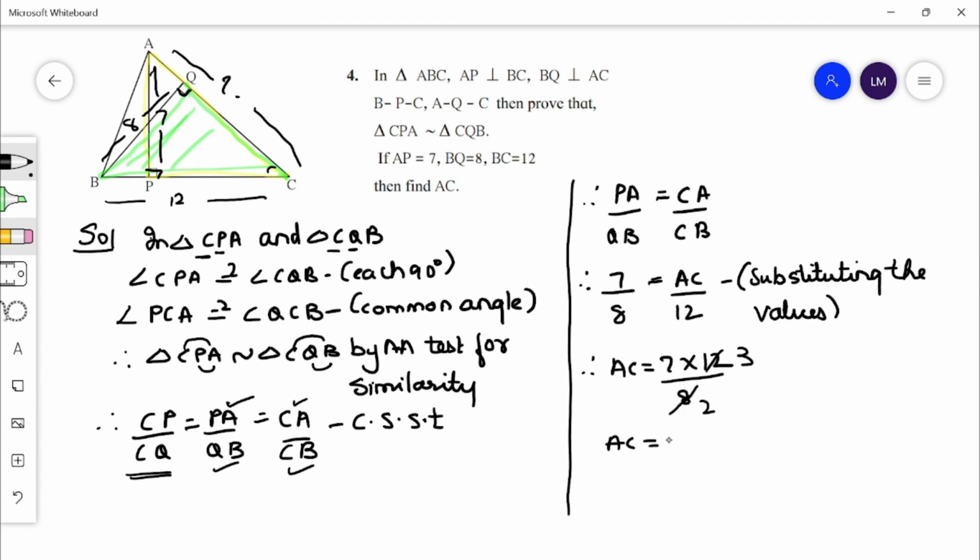So AC is equal to 21, 7 3s are 21, upon 2. Therefore AC is equal to, after dividing, we will get 10.5 units. This is our final answer.